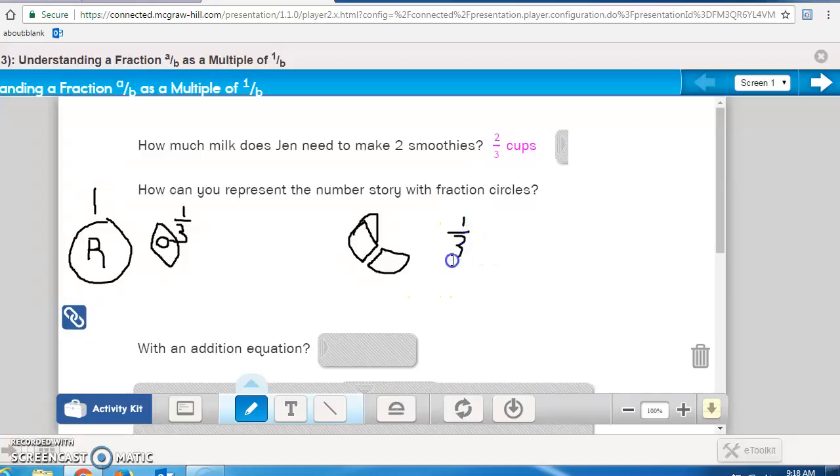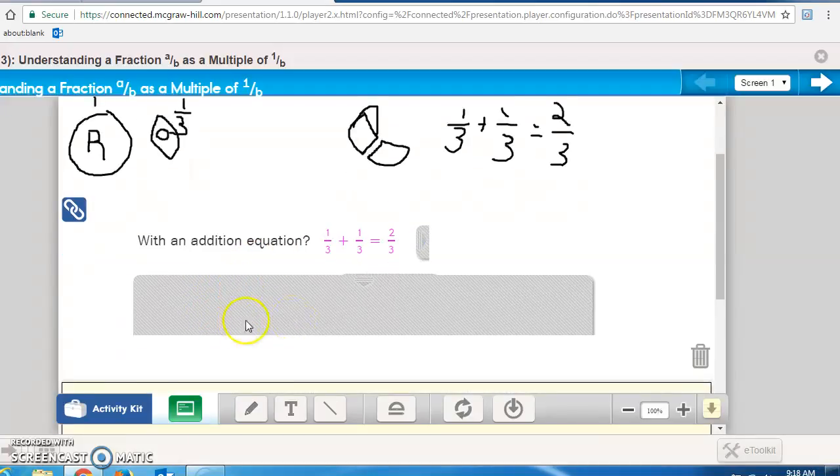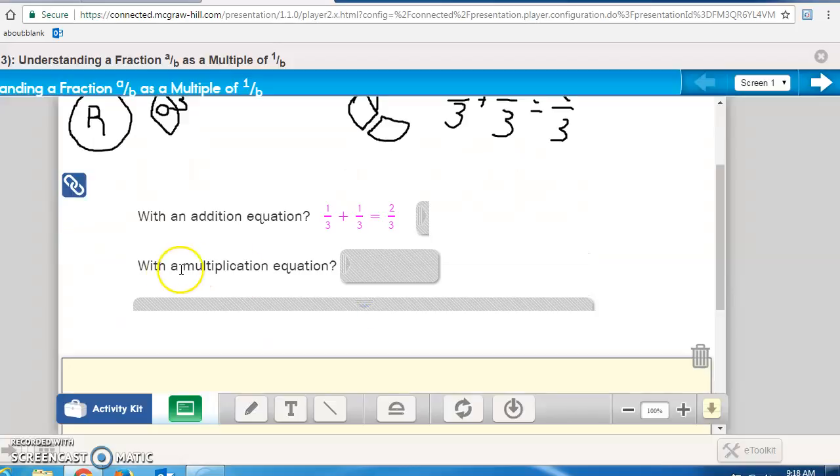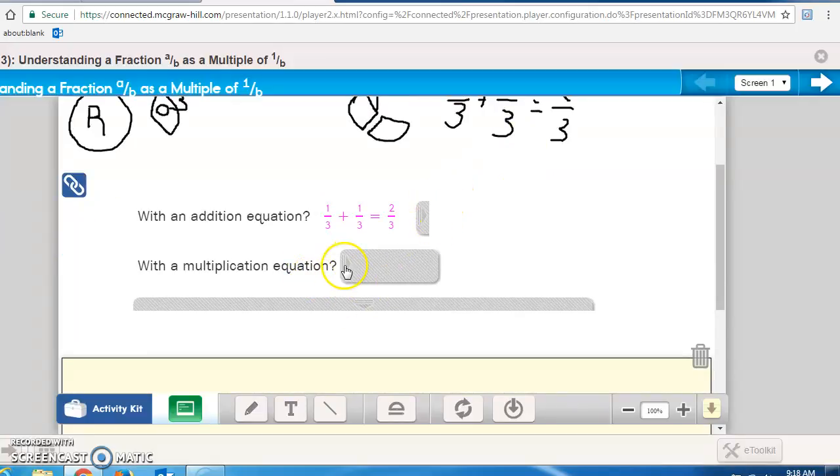So 1/3 plus 1/3 equals 2/3. You should notice that that is my addition equation. So how would I write a multiplication equation? Well, I had 2/3, so 2 times a third equals 2/3. That's how I would write it.